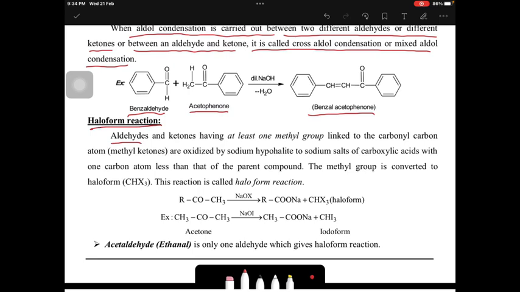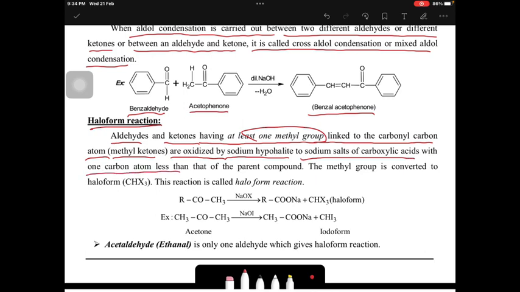Haloform reaction. When aldehydes and ketones having at least one methyl group linked to the carbonyl carbon atom, that is methyl ketones, are oxidized by sodium hypohalite, they give the sodium salt of carboxylic acid with one carbon atom less than the parent compound.